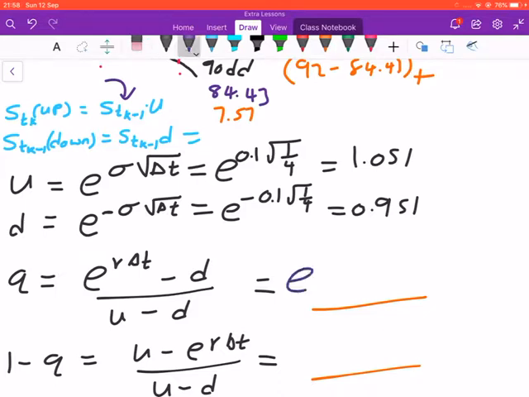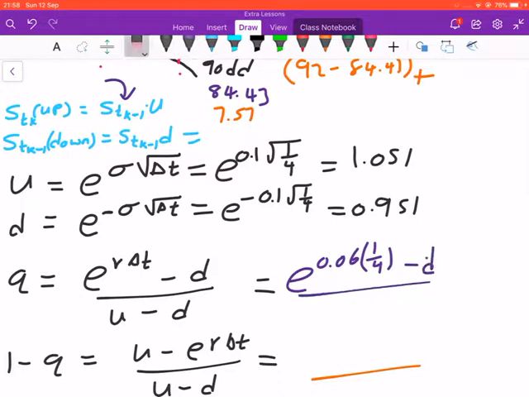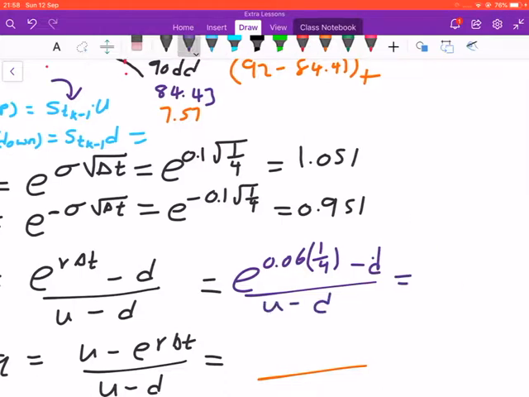You will have e to the power 0.06 times 1 over 4, times U minus D over U minus D, and the answer is going to be 0.641, and here your answer is going to be 0.359. I just have to make sure. Yes, it's 0.359. So these are your probabilities.